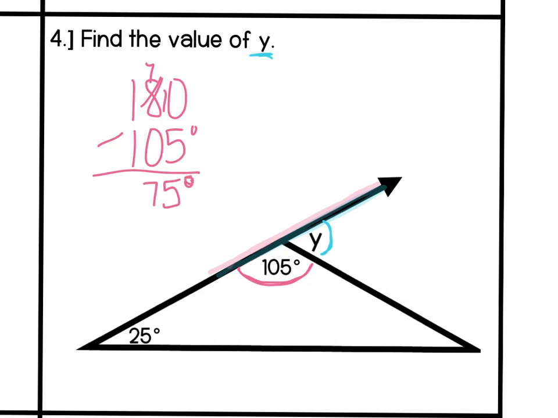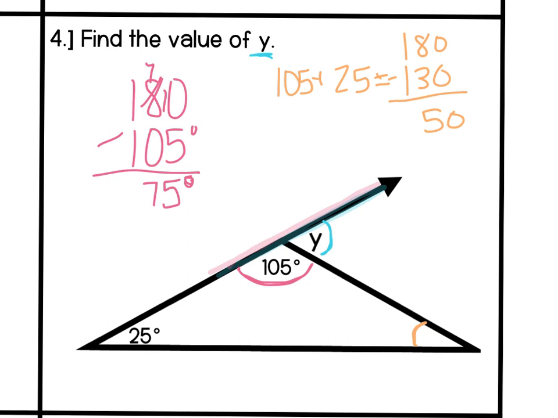I could also take the time to find what this interior angle would be, and I would just add 105 plus 25, which is 130. And then I could do 180 minus 130, which is 50.